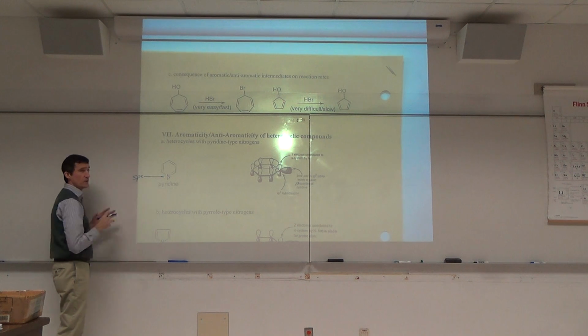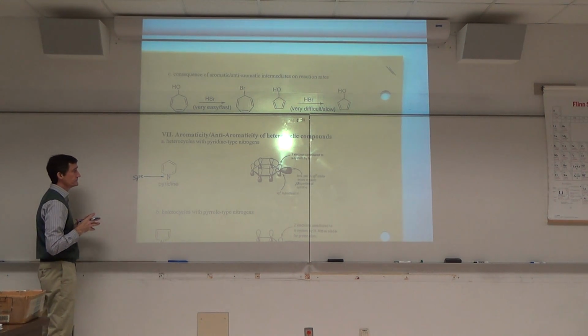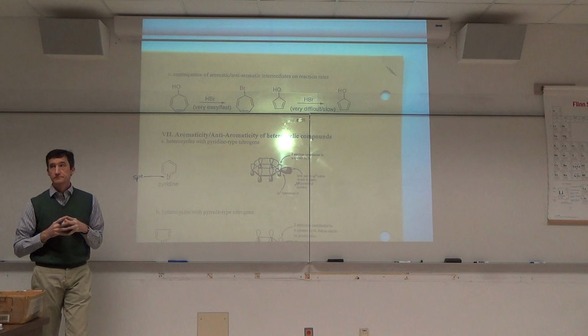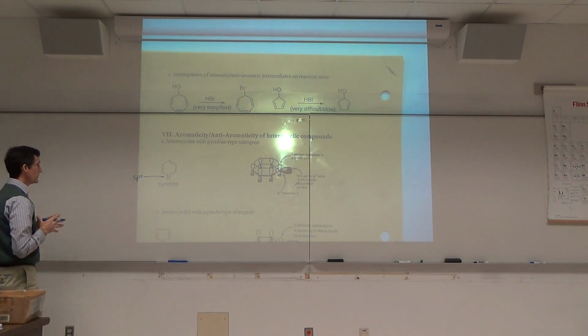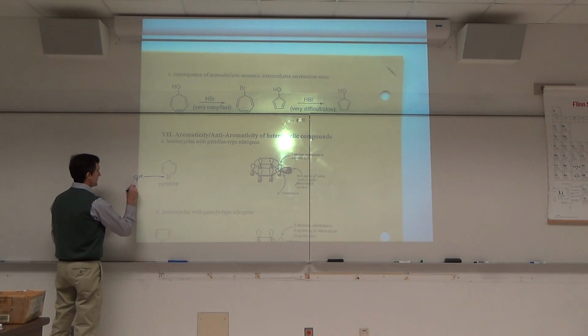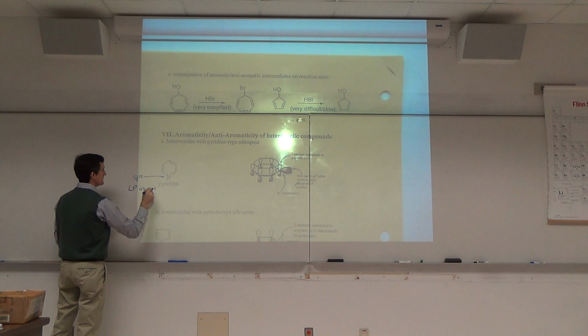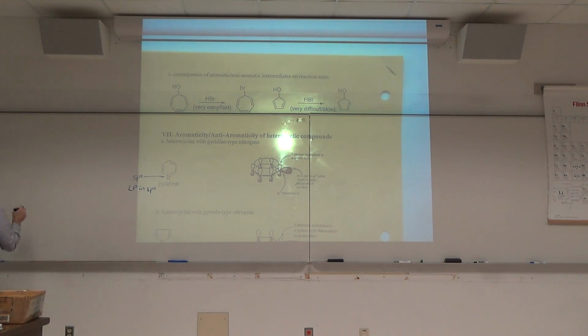What type of orbital is the lone pair in? No, it's in an sp2 orbital, not in a p orbital. If you graph it like we did in Organic 1, it is sp2, and so it's got 3 hybrids, p orbital left over.